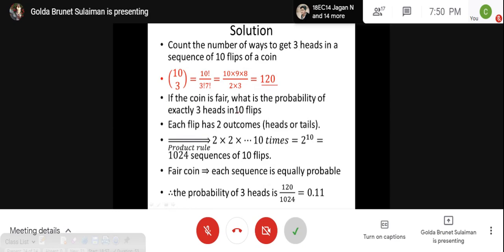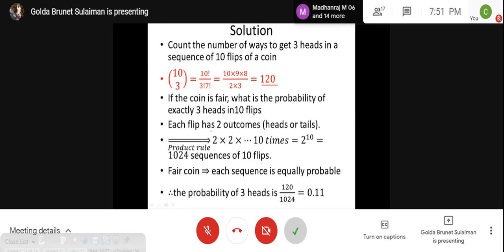And if the coin is fair, then what is the probability of exactly 3 heads in 10 flips? Each flip has 2 outcomes. It can either be head or tail, right? This implies I have 2 into 2 into 2 up to 10 times, which is 2 to the power 10 different sequences of 10 flips, right?